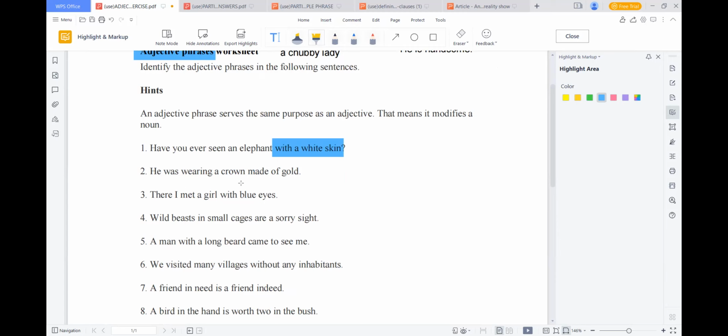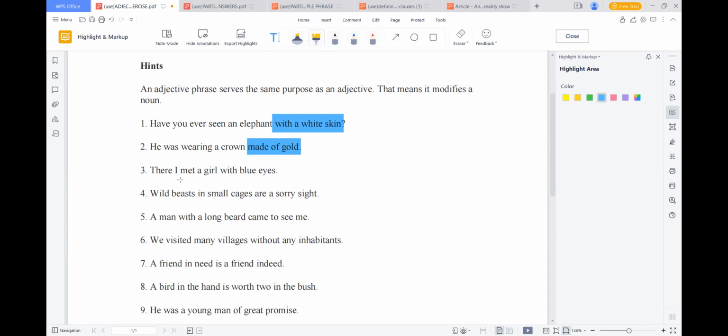Crown means 皇冠, something that people wear on the head, right? A king is wearing a crown. So which one is an adjective phrase? Which one describes the crown? Made of gold. Good job. So it's pretty easy, right?